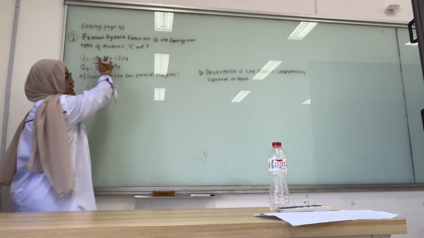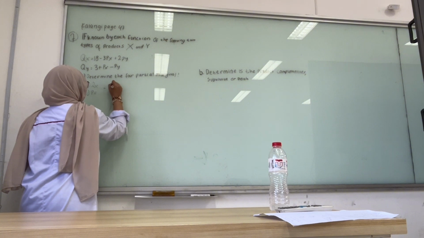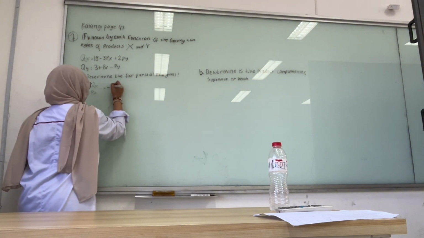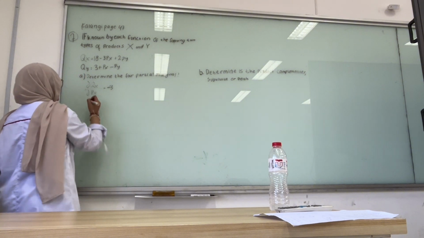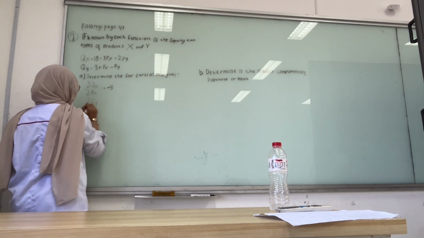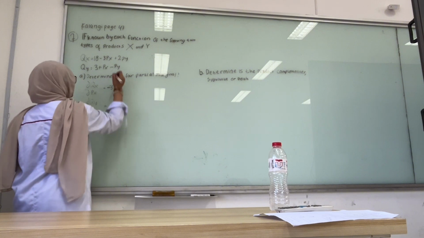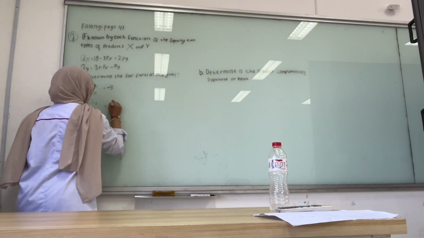So we only need to differentiate px. It's minus 3. The next one is the same thing, but it's dou qy over dou py. Here, it's minus 1.